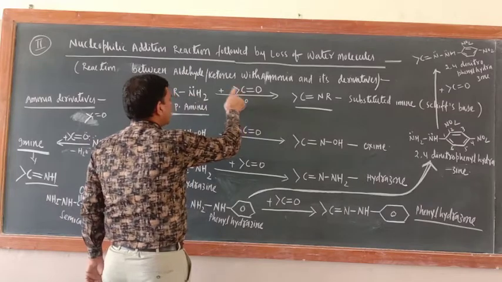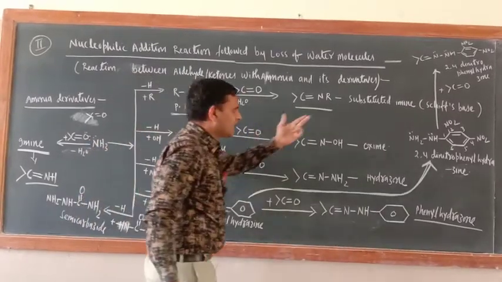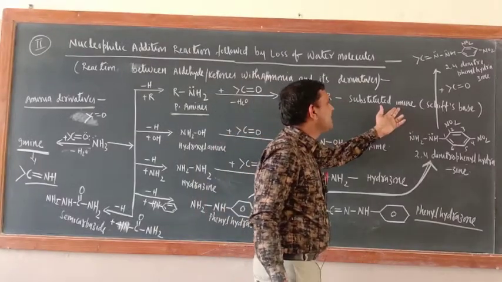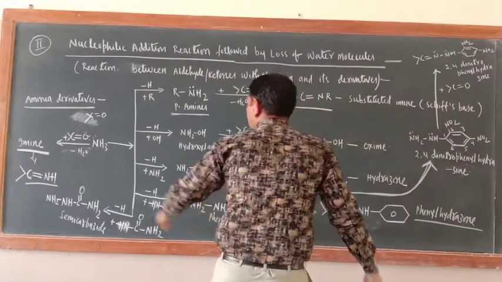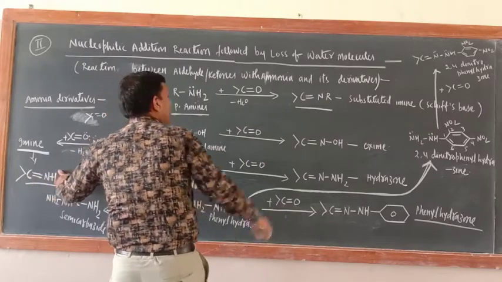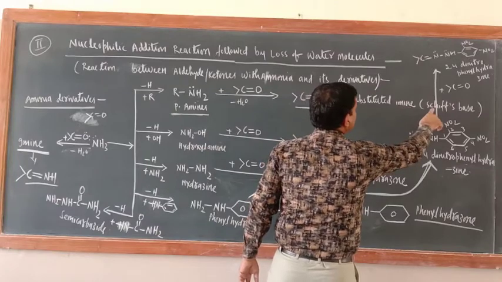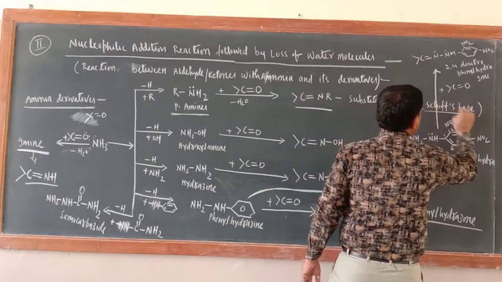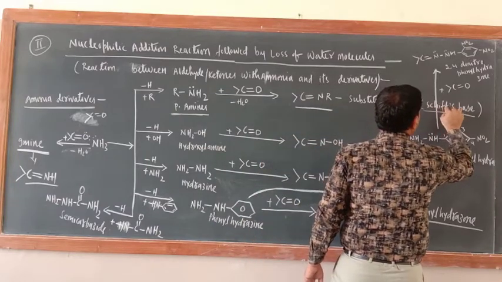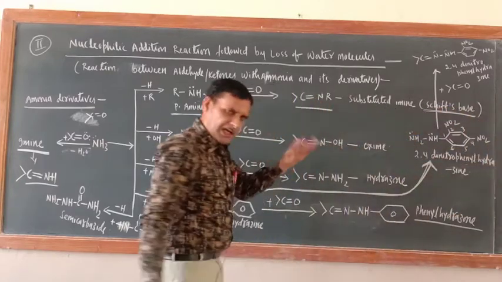C of this one, double bond N and R. This is known as substituted imine. Just see, here what was there? C double bond NH. So H has been replaced by R. So this is substituted imine. This is also known as Schiff's base. Okay, more clarity would be there.